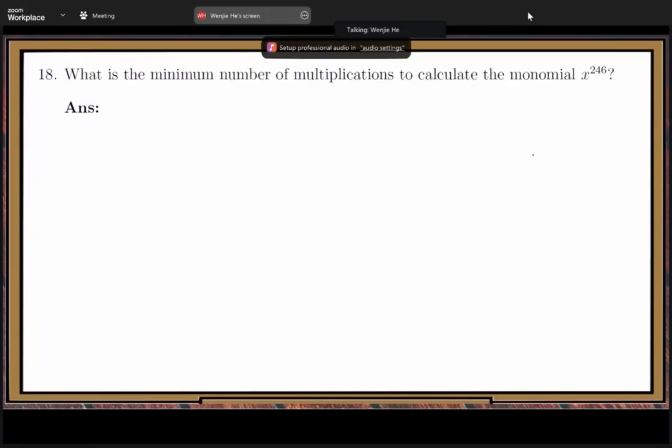Question number 18. In this question, I think most of you know what main method to use. Here it's a monomial, right? We learned a special method called repeated squaring.